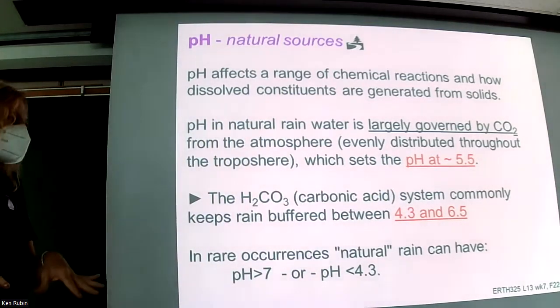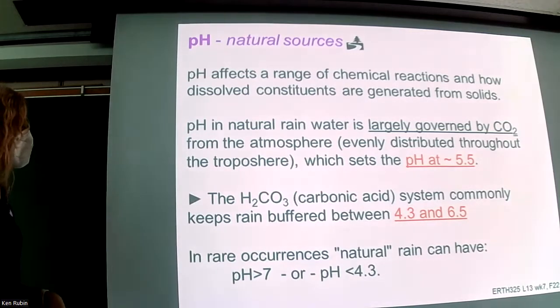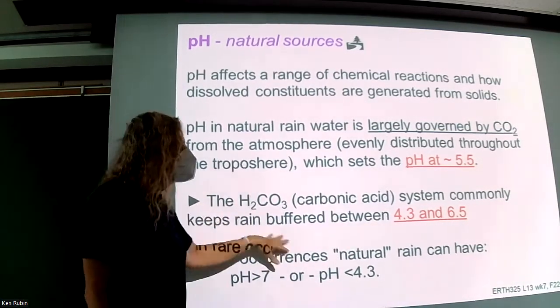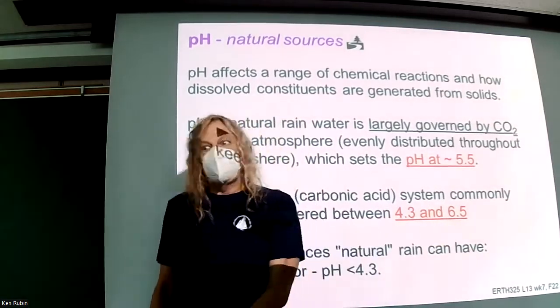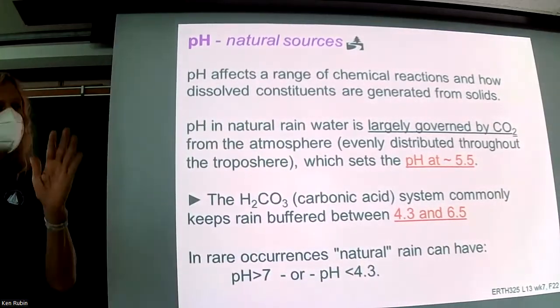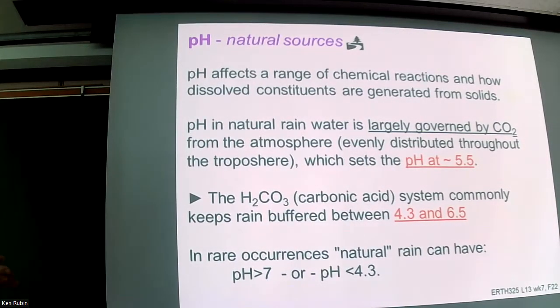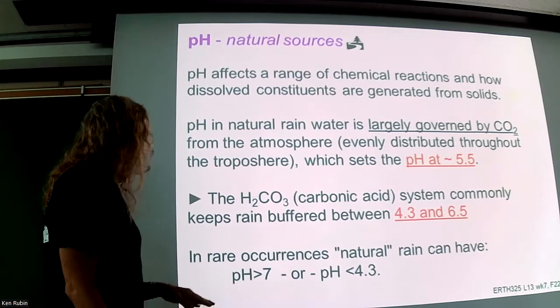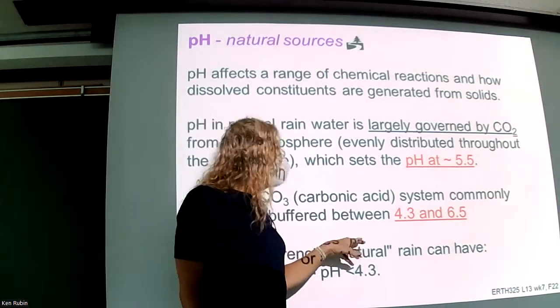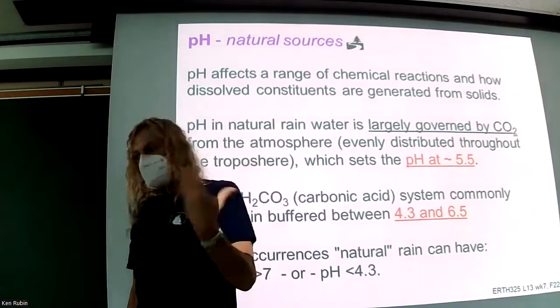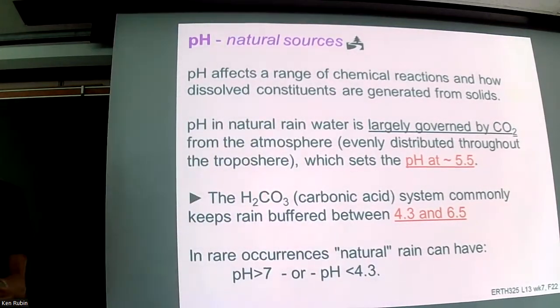Now, we looked at the Bjerrum plot for CO2 before, and we know that the carbonic acid system keeps rain between about 4.3 and 6.5. That is the part of the diagram where HCO3 minus, bicarbonate, is dominant, right? And it's really hard to make the rain lower than this unless we put a different acid in than carbonic acid.